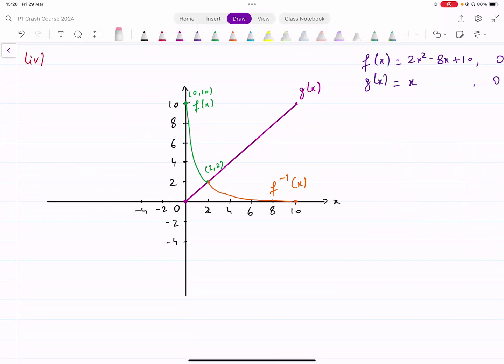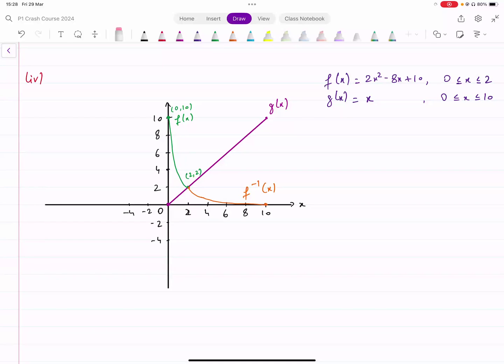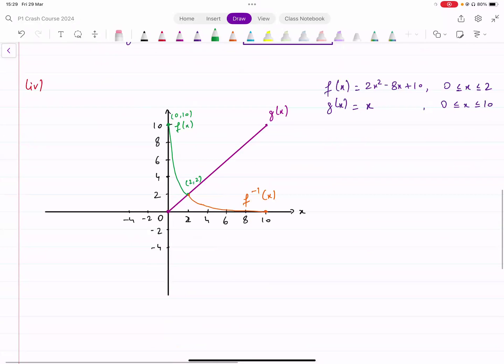Sir, from where did you get 10? Input x in this function. What do you get? 10. Y value is 10. Sir, then why didn't you put 0? I mean 2. You can try that. You can input 2. That gives you 2.